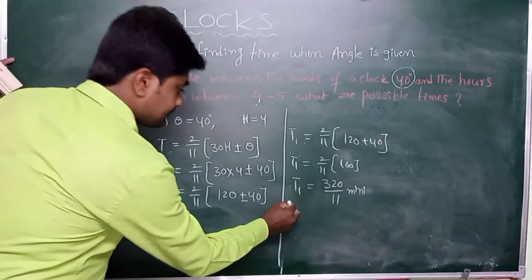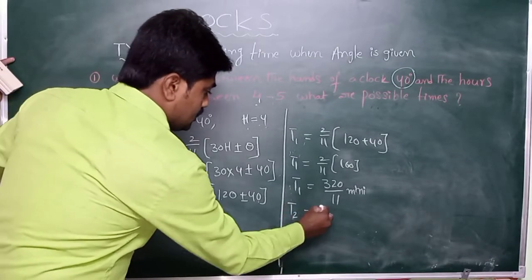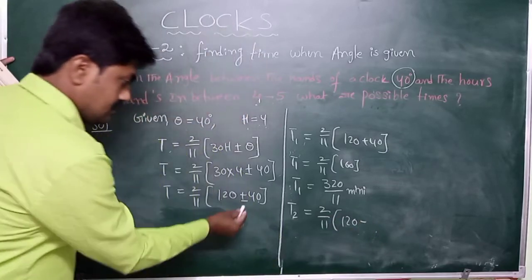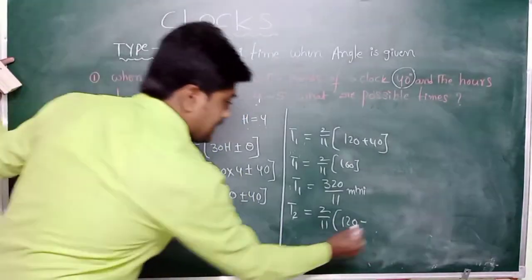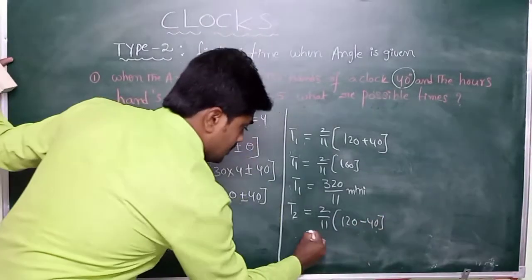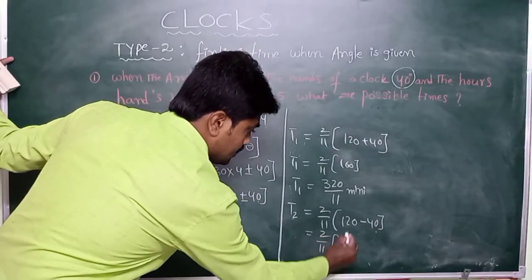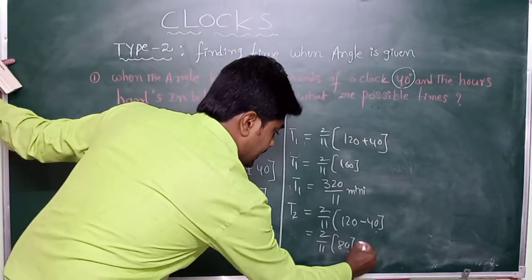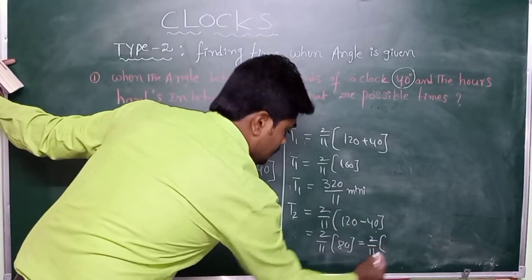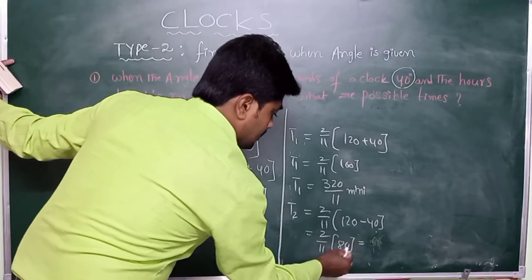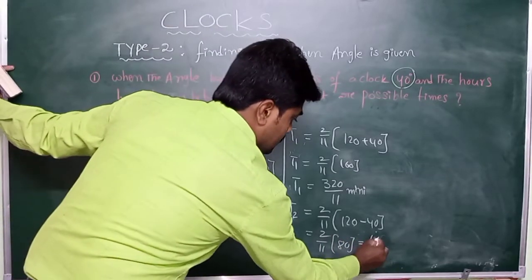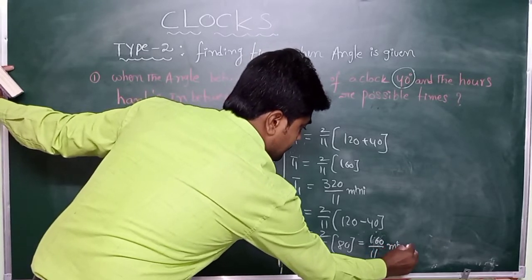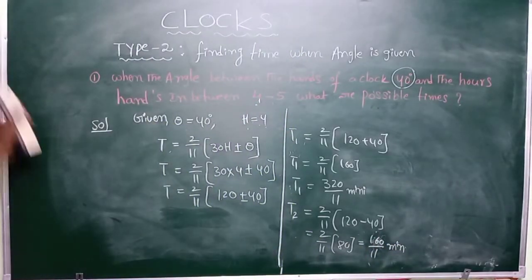Now the second time. Time 2 is equal to 2 by 11 into (120 minus 40), taking the minus. So 2 by 11 into 80, which is 160 by 11 minutes past 4 hours.